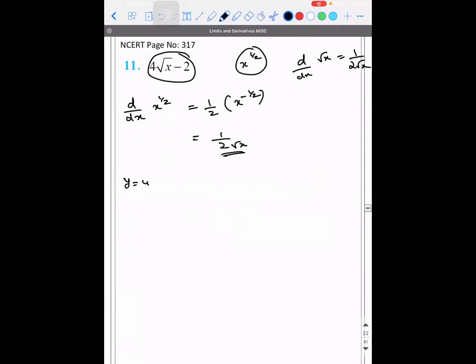So y is equal to 4 root x minus 2 means dy by dx will be equal to 4 into derivative of root x minus derivative of 2. So that is 4 divided by 2 root x minus 0. That is 2 by root x.